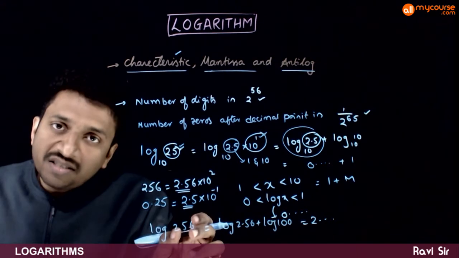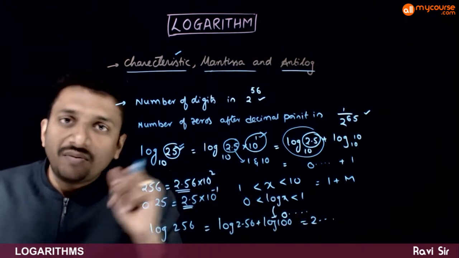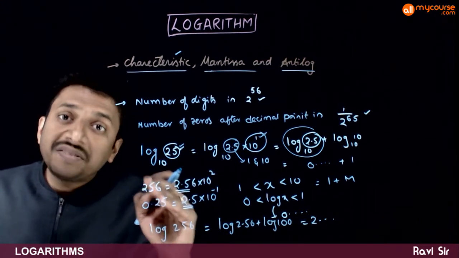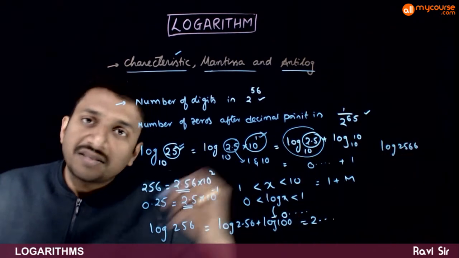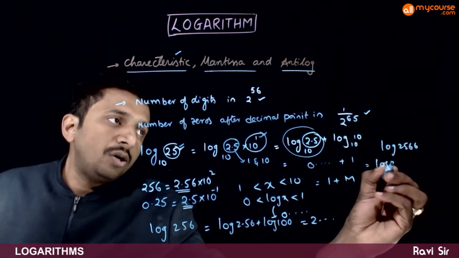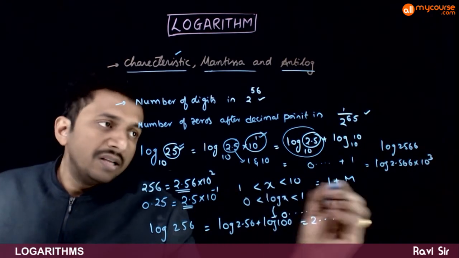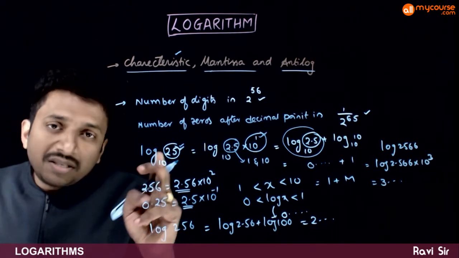So if there are 3 digits, the value of the logarithm will be 2 point something. That is, the characteristic will be 2. If the number is 2566, log 2566 can be written as log 2.566 into 10 cubed. So this will be 3 point something. Can you see the pattern here?